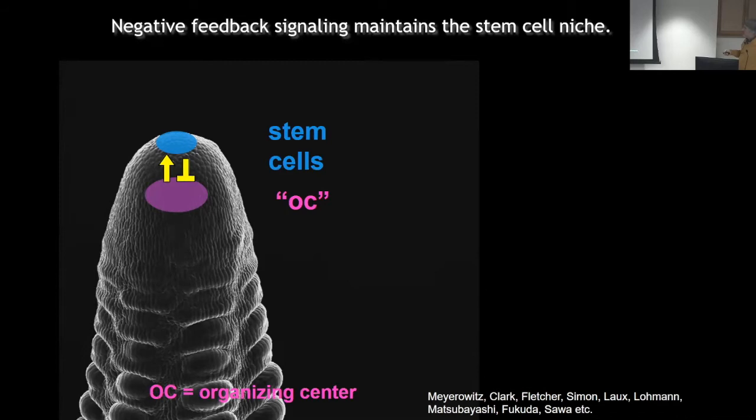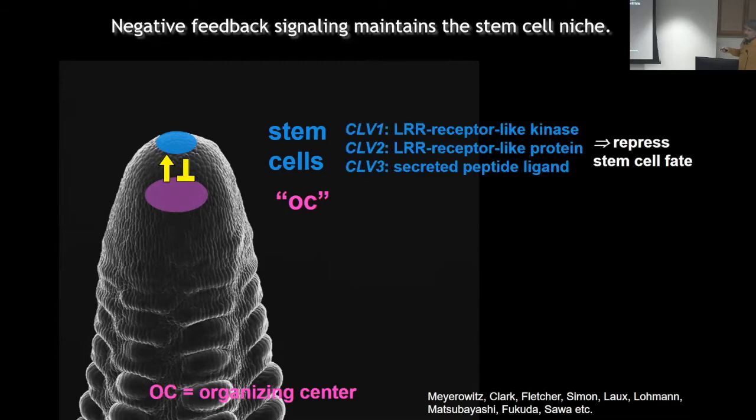Well, in the stem cells, you have the CLAVATA genes, as I mentioned. Up to now, most of the work has been done on a couple of leucine-rich repeat receptors called CLAVATA1 and CLAVATA2, and their ligand, which is a small secreted peptide encoded by a gene called CLAVATA3.